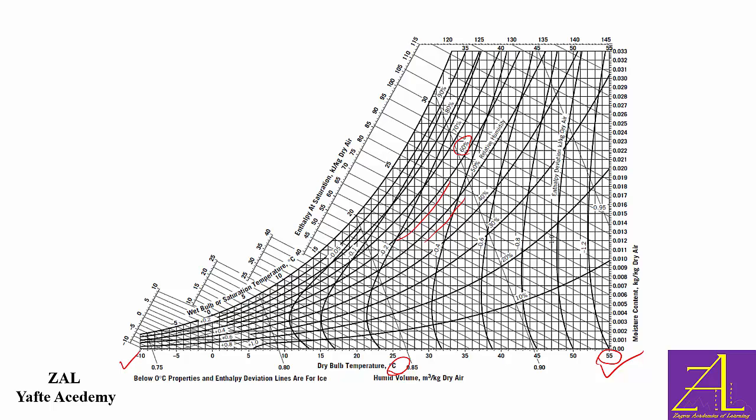One of them are these lines, as you see, parallel to each other. These are humid volume lines. These lines that you see, these are wet bulb lines that we are going to come to discuss next. There are a number of other curves and lines that are out of the scope of this lecture and may be discussed in thermodynamics or energy balance courses.